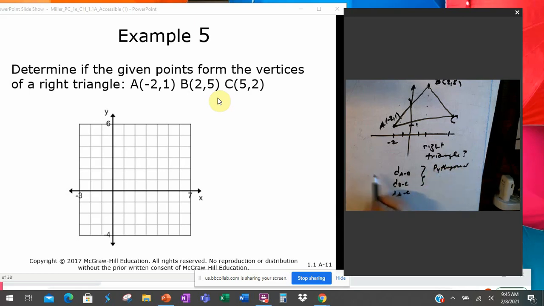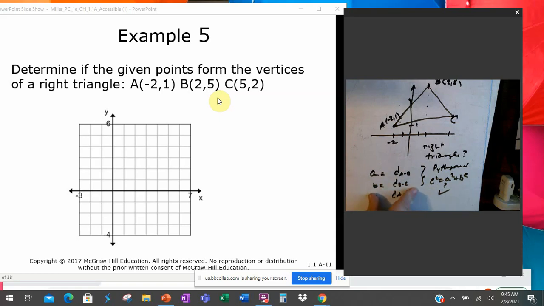If I call this A, B, C, and if I did the longest one, is C squared equal to A squared plus B squared? If yes, then it's a right triangle. Pythagorean theorem only holds on a right triangle. We can calculate the distances. We take the two shortest ones.